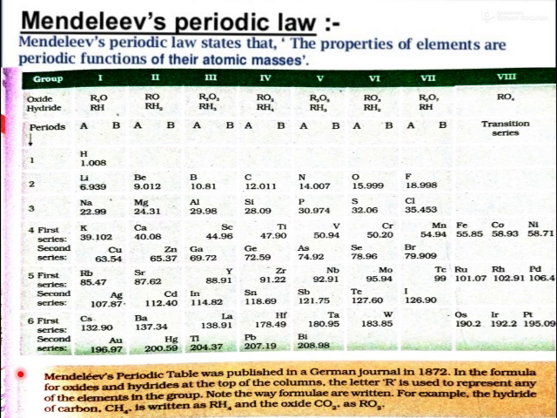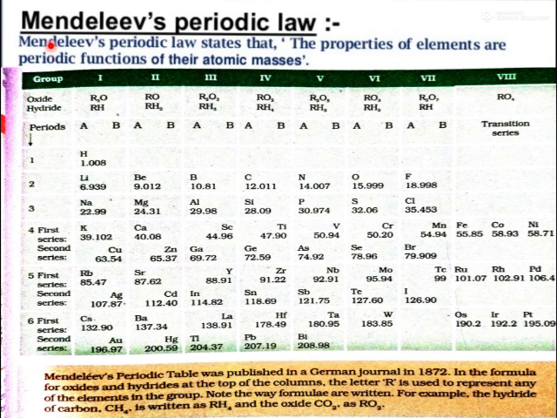And surprisingly, all the elements were arranged automatically in increasing atomic masses. So Mendeleev also arranged the elements on the basis of their increasing atomic masses.